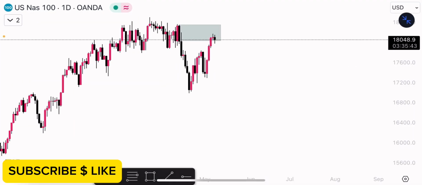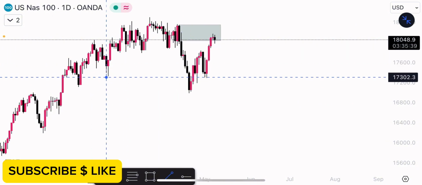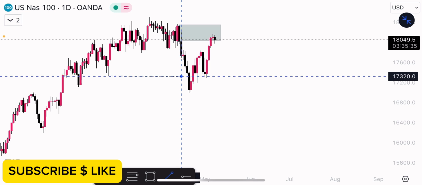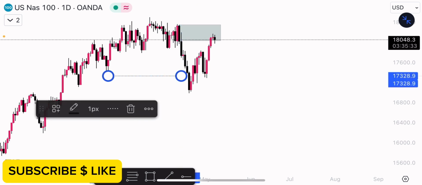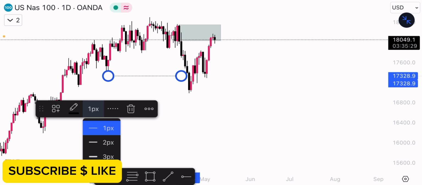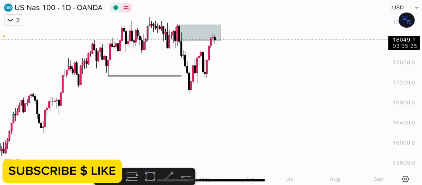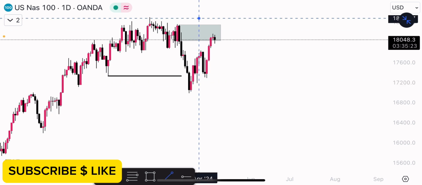And what happened, you all know that we are bearish on Nas 100. After this break, we have been very bearish, and since we're having an internal pullback, we have decided to start taking buys.